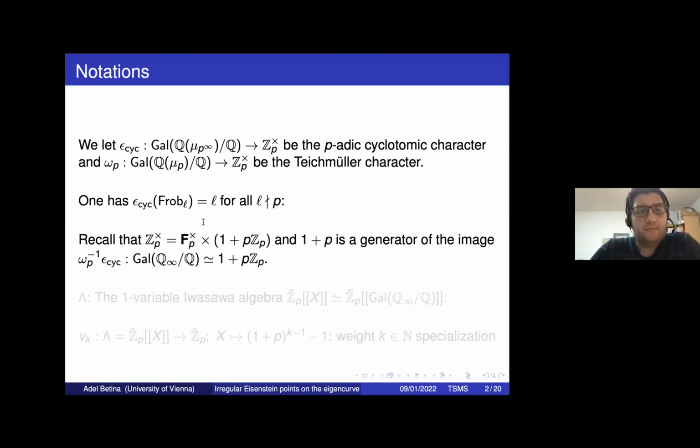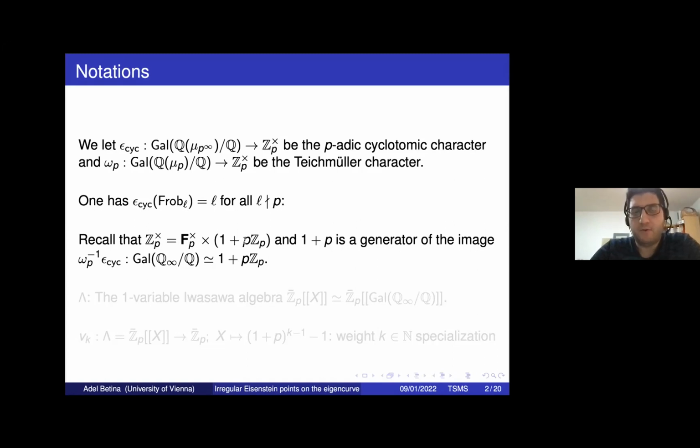And because Zp is a Henselian local ring, I have this decomposition. If I take the units, I have the units of the residue field, which I can lift uniquely to Zp star, which is a discrete part, and this one is a torsion-free part, which is abstractly isomorphic to Zp.